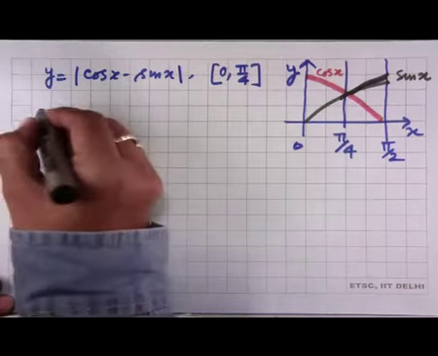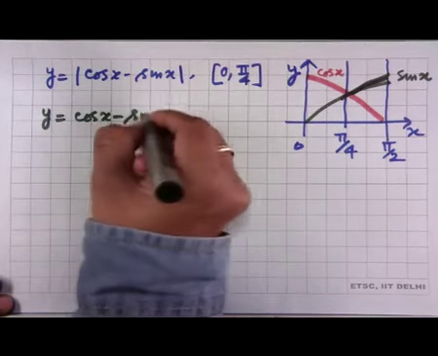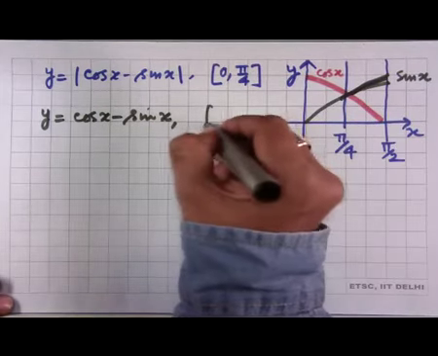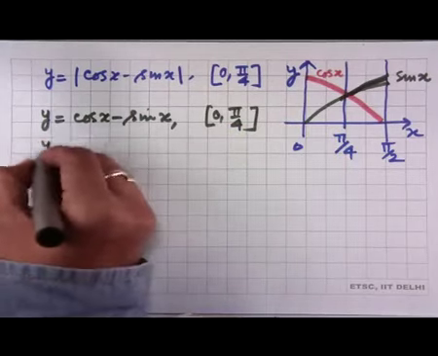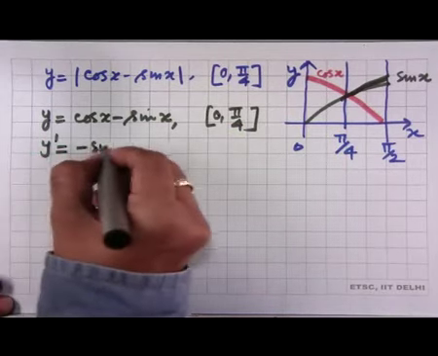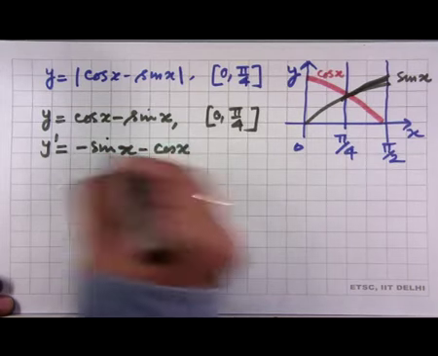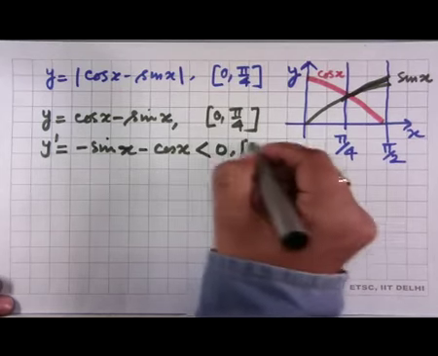So y is cos x minus sin x in the interval 0 to pi by 4, because cos x dominates sin x, and if you compute y dash you get minus sin x minus cos x, because sin and cos are both positive, so this will be negative in this interval.